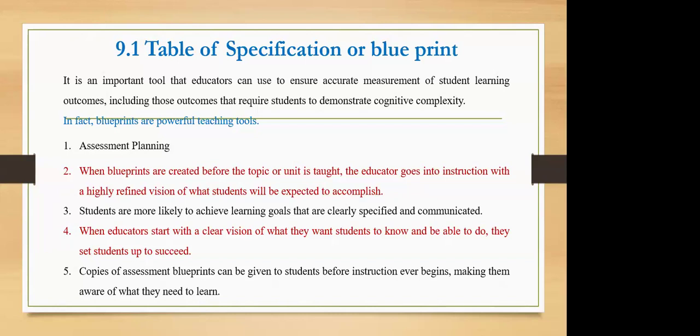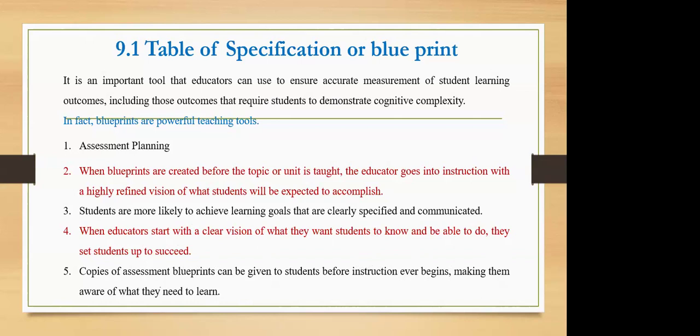Then the students are more likely to achieve learning goals with a clearly specified specification table. When educators start with a clear vision of what they want students to know and be able to do, they set students up to succeed. So by looking at the specification table, the educators can get the vision of their lesson. How should I deliver the lesson? What assessments should I do?